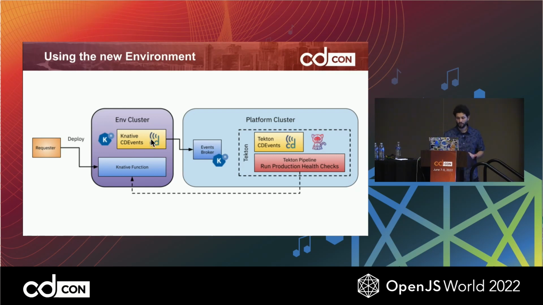The component that is looking at Knative resources is going to notice that there is a new resource and send an event back to the platform cluster, and the platform cluster can run, for example, another pipeline to do a production check, or just check that the function is alive, and then people can actually consume that function.